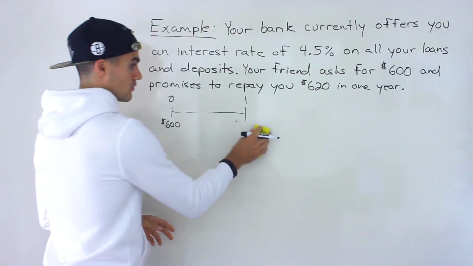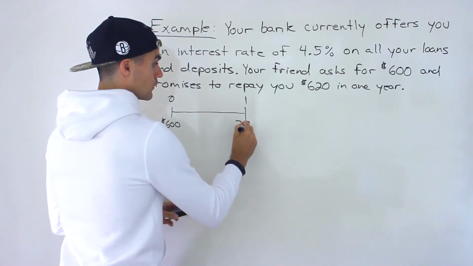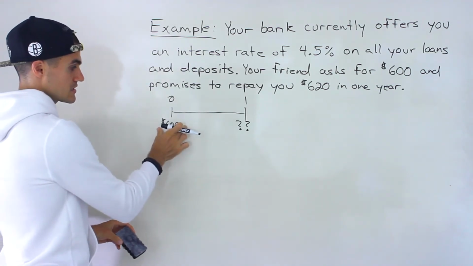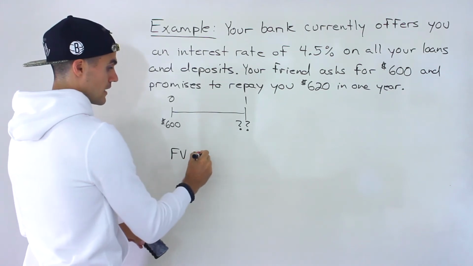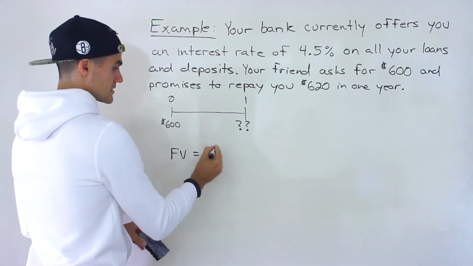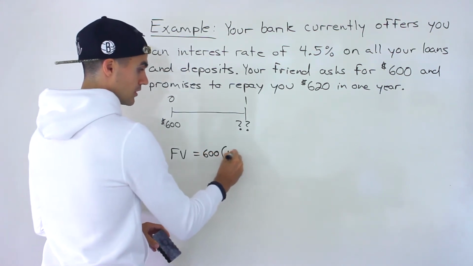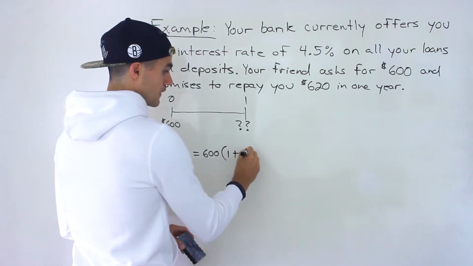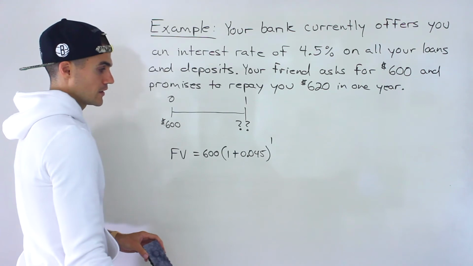So a different question, we're now going to be solving for this over here. We're depositing $600 and we have to solve for the future value. So the future value, using that same formula, is the present value, which is 600, times 1 plus the interest rate, 4.5% in decimals, divide that by 100, so 0.045, and that's for 1 year.